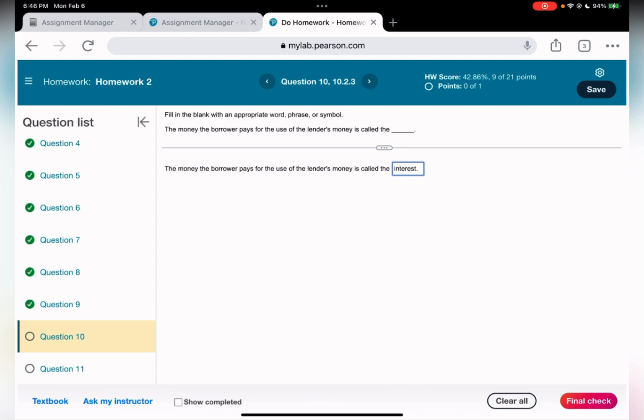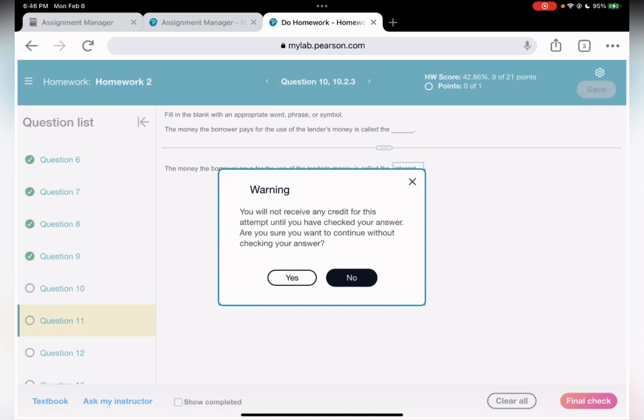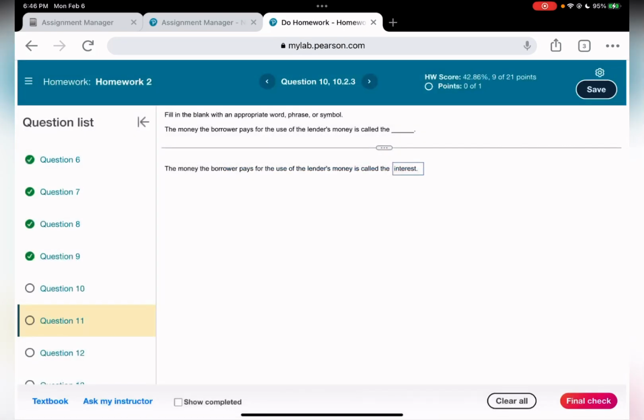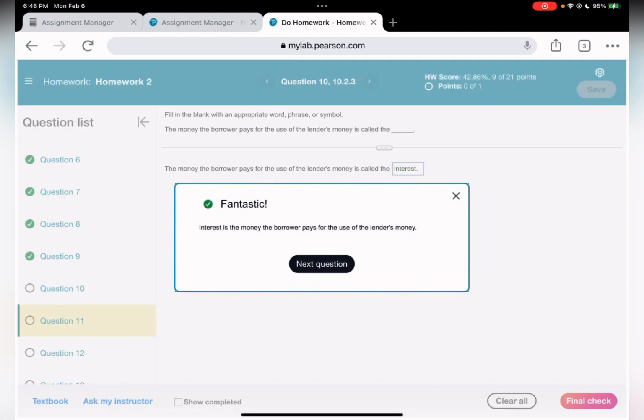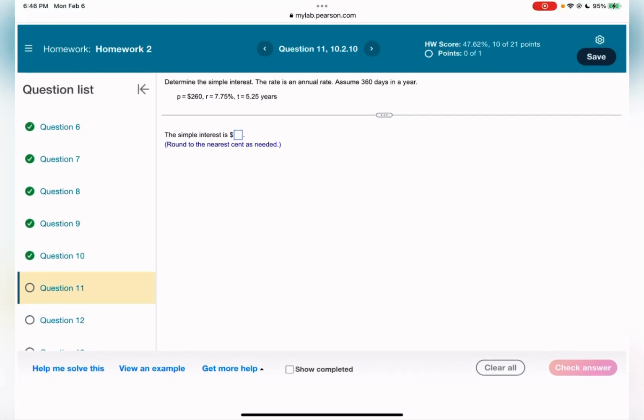Next one, question number 11. Okay, let me check it. Final check. Fantastic. Number 11. Determine the simple interest. Since they are using the words simple interest, that means there is another type of interest that also exists, compound interest. Simple interest is standard from month to month. It doesn't change.